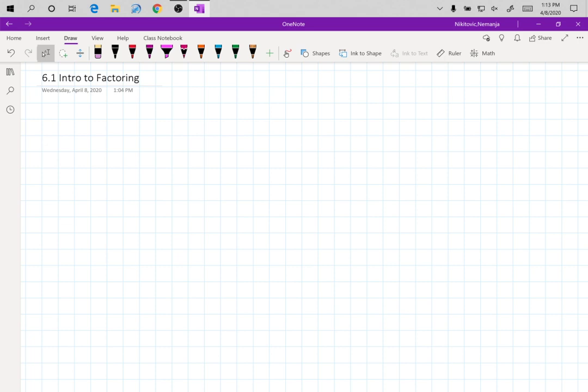So I'm hoping that you are keeping current on the material. We only have a couple of sections in chapter 6. I am trying to see quickly what sections we have to cover in chapter 6. Of course, MyMathLab cannot open the course.